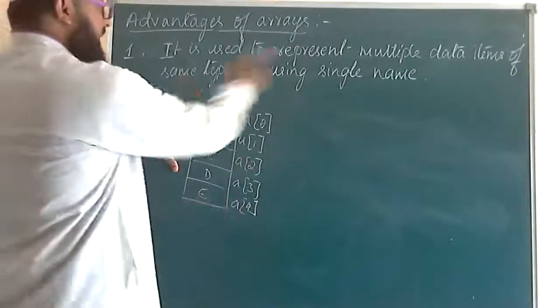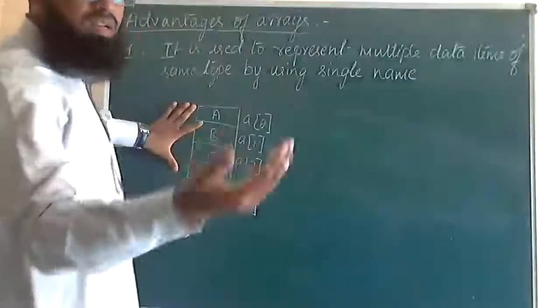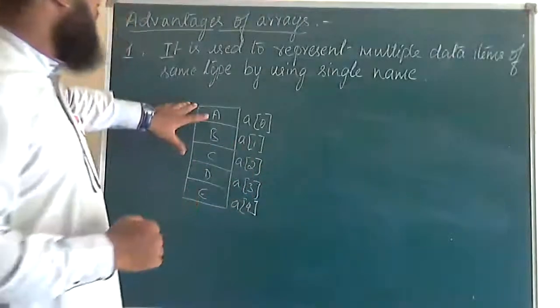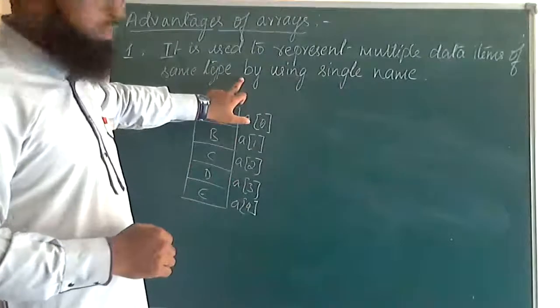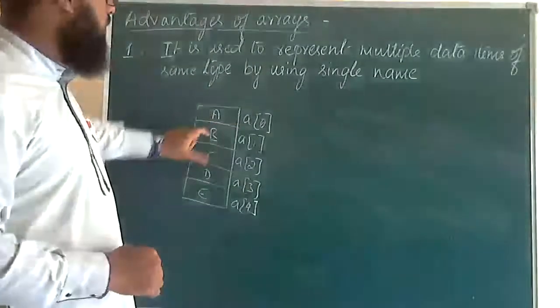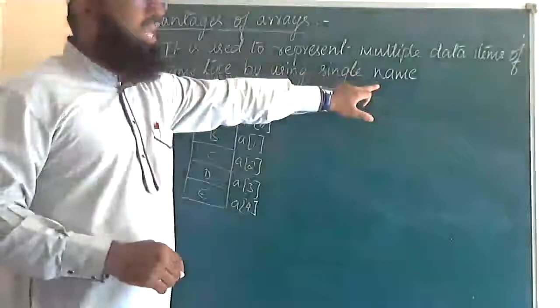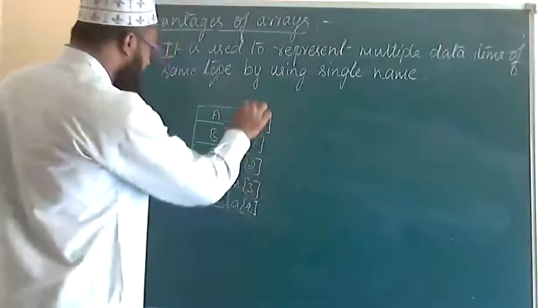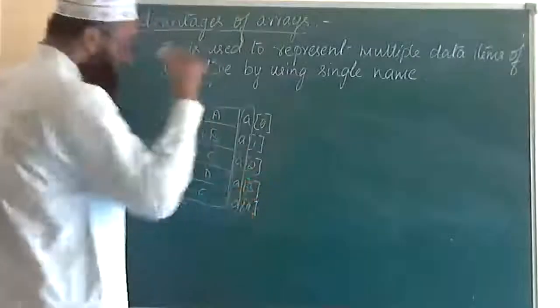Multiple data items means more than one are called as multiple. Here, multiple data items of same type. Okay, they are all of same type, not different type. Okay, by using single name. Single name means here A is the name for every element.